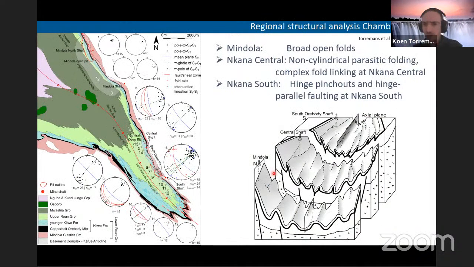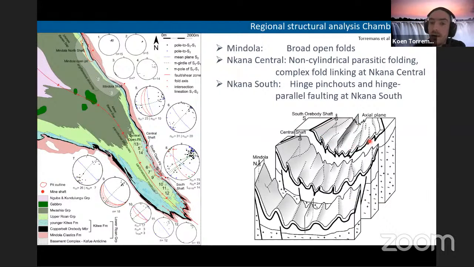And so we did a whole detailed structural analysis of different areas along the edge of this outlier, essentially, with a difference between broad open folds occurring where you have the argillaceous dolomites, the more permeable architecture. When you transition into your carbonaceous facies, the folds get much tighter.